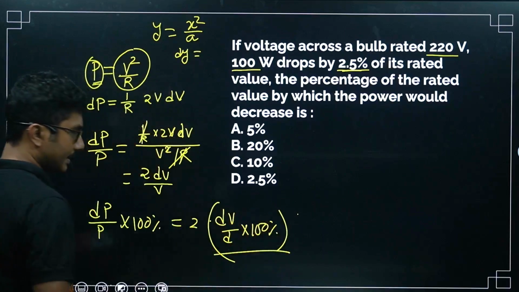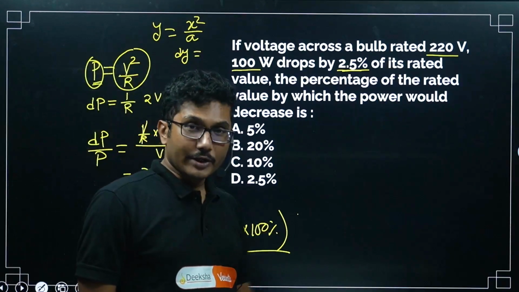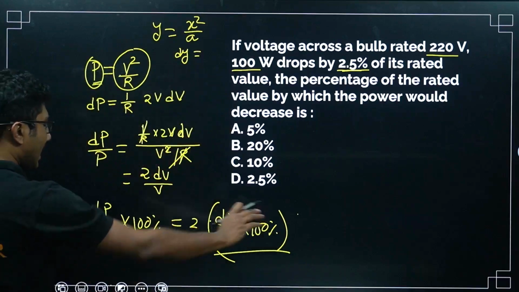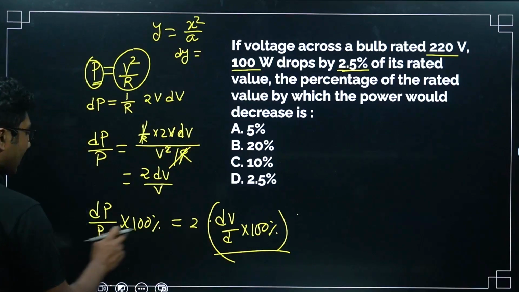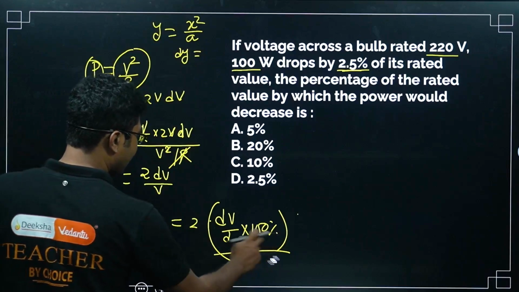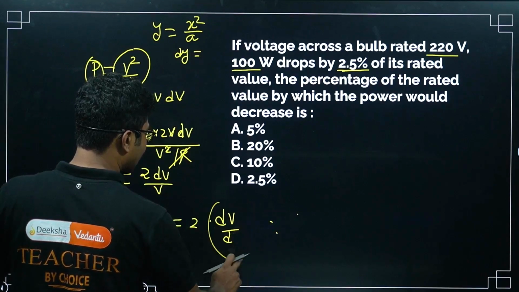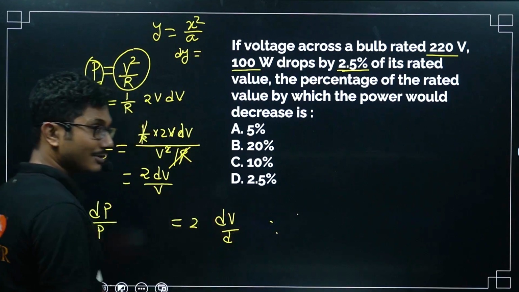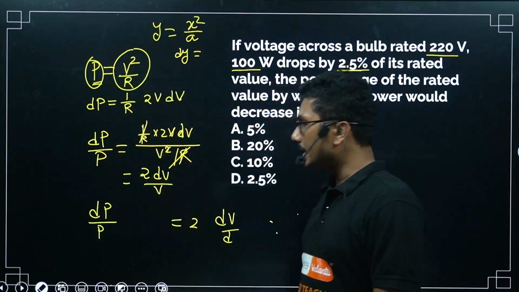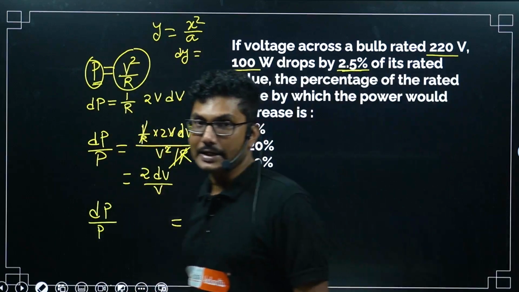But since it is an equation, both sides will have the 100% multiplier, so it will eventually cancel out. If we use percentage on our right-hand side, we will get a percentage on our left-hand side as well.